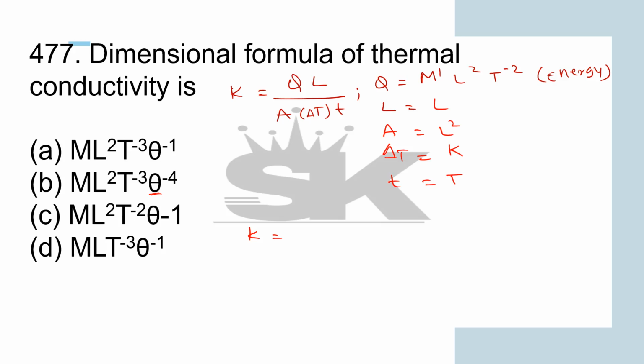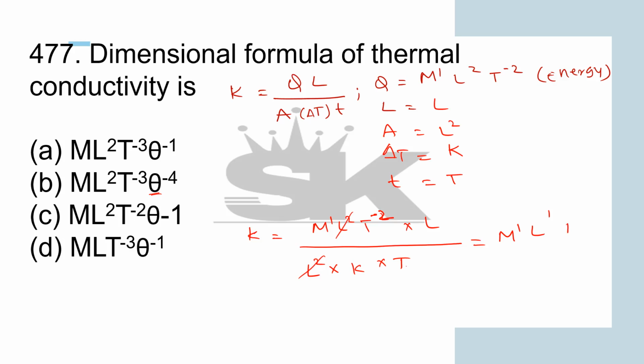So Q is M1 L2 T power minus 2 into L, by area L2, delta T means K, into time T. So we will write it as M1, L square gets cancelled, L1 and T power minus 3.